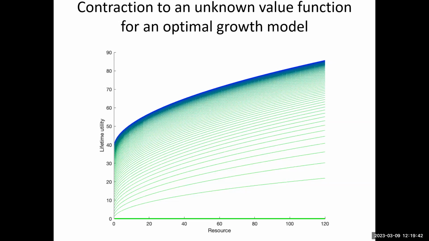Though V0 equals 0 is the natural starting point, theory tells us that the contraction mapping will take us to the unique fixed point, the value function, regardless of where we start.